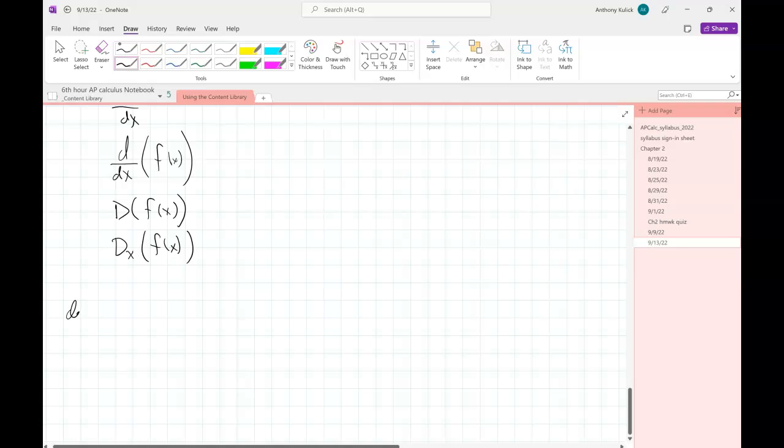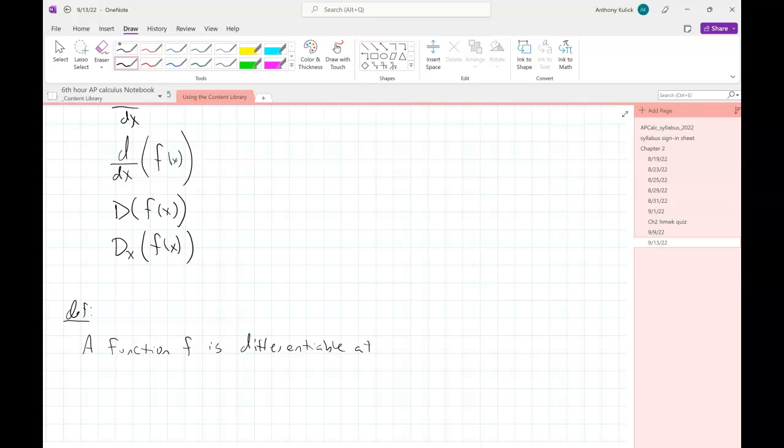All right. So a definition now. We say that a function f is differentiable at a point A if the derivative at A exists.